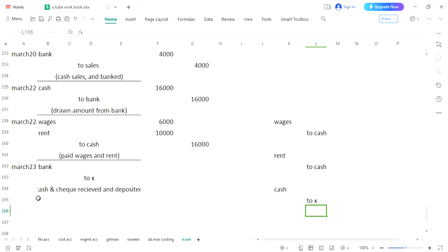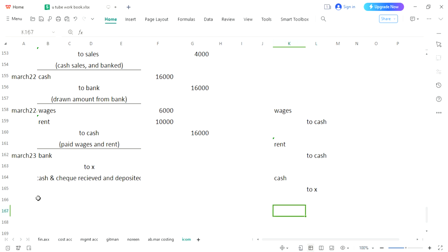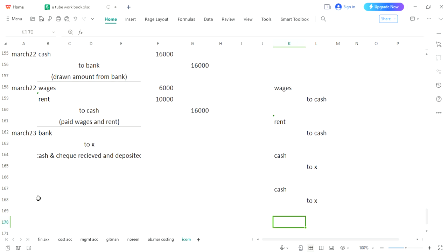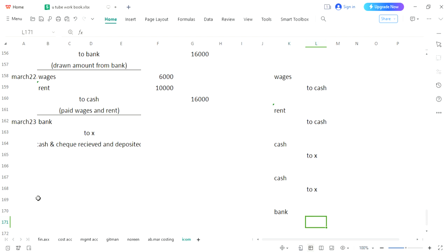From X. Again, you have received a check. As you have not deposited this check into the bank, you will consider it cash to X. This is the second entry. And finally, you have deposited this check and cash into the bank. What does that mean? Increase in bank, debited, and both these cash amounts are going out. So you will write cash on the credit side.